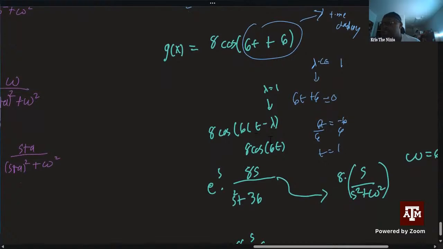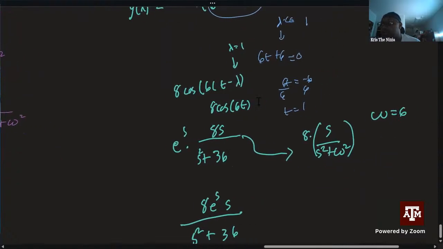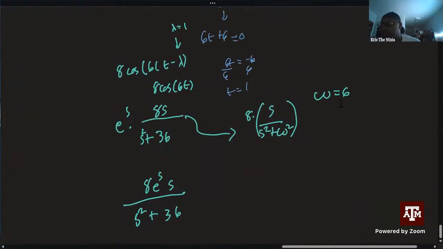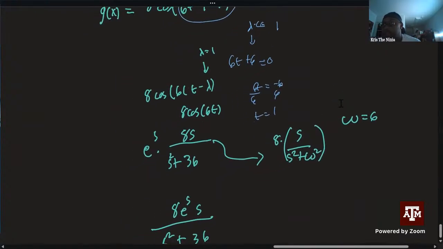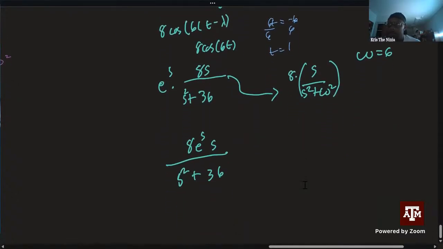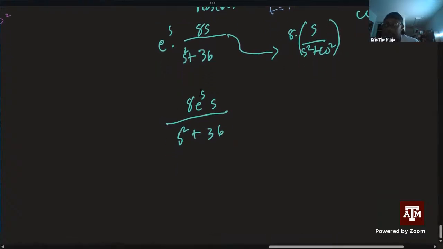So when t equals 1, you multiply everything by 6, so omega equals 6, and then your lambda equals 1 because it would be t minus lambda, and to get that equal to 0, dividing by 6 gives you that 1 value. I hope that all makes sense. So it should be this right here.